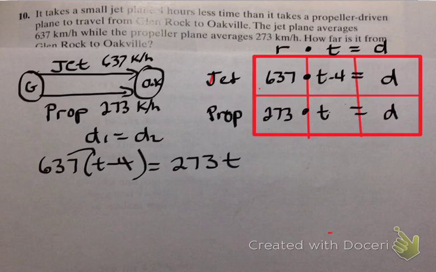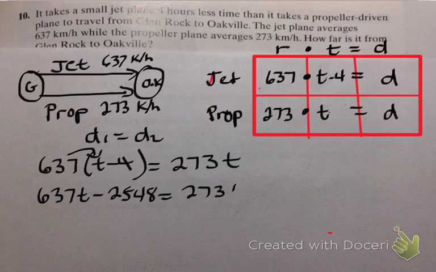And now I'm just distributing 637 times 4. I'm getting 637T minus 2548 equals 273T.